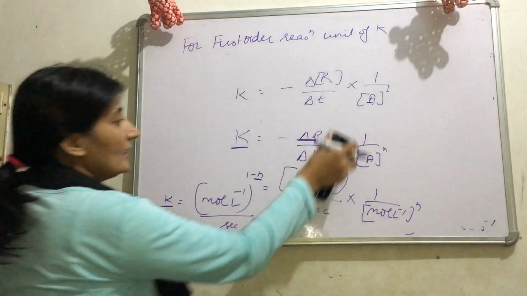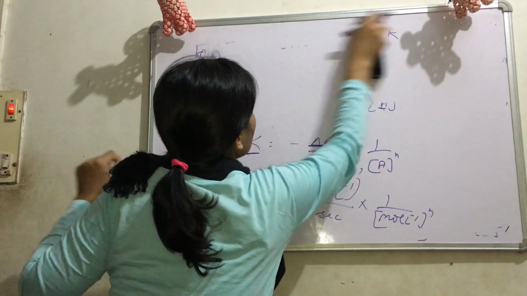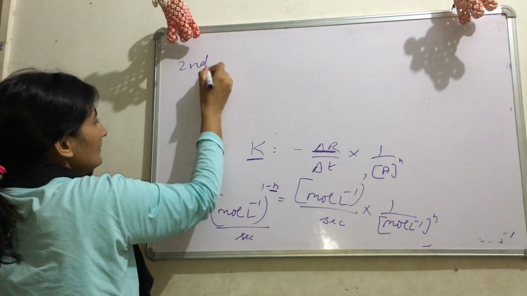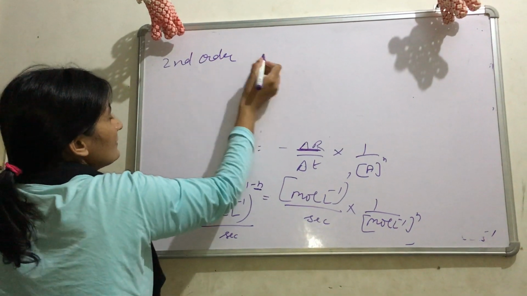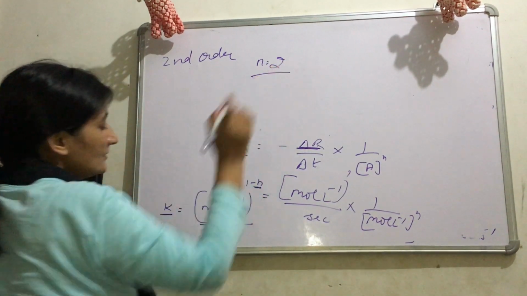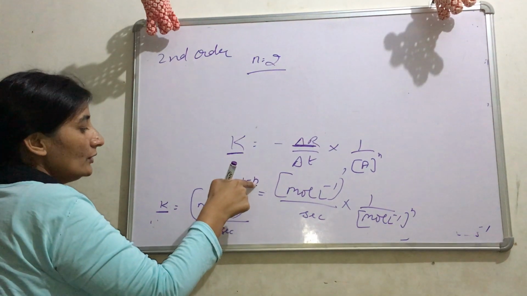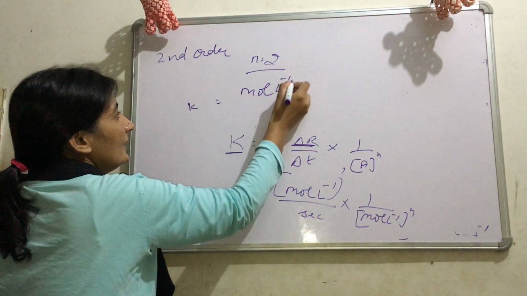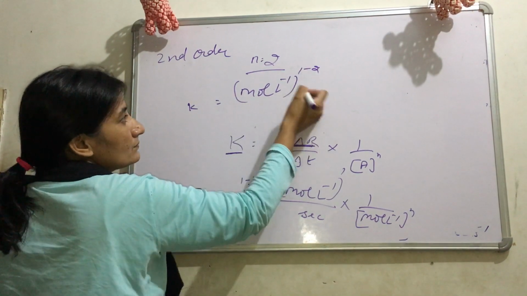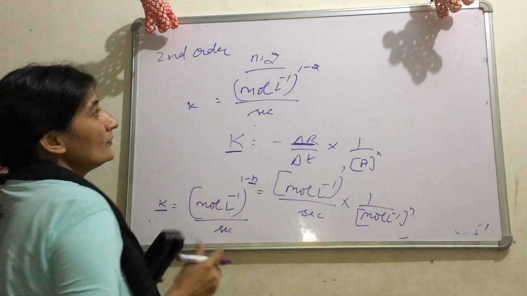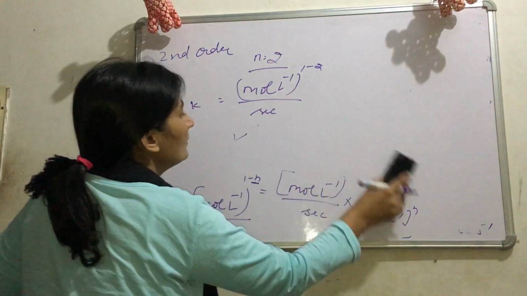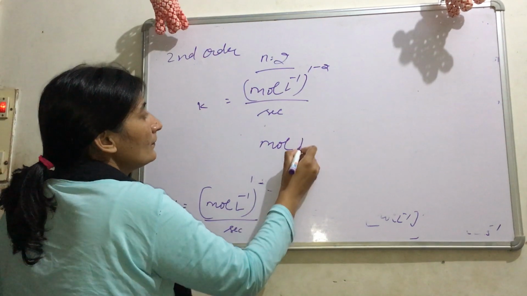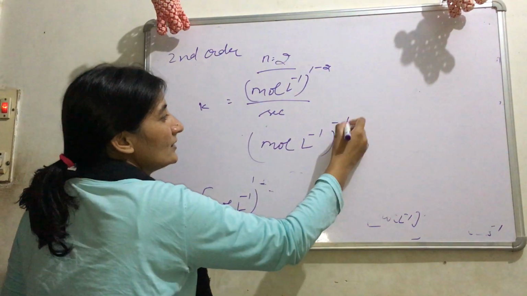For second order reaction, the unit of K, n is 2. The order of reaction is 2, then we put n equal to 2 here, then K is equal to mole per liter to the power 1 minus 2 divided by second. 1 minus 2 means minus 1, mole per liter to the power minus 1.